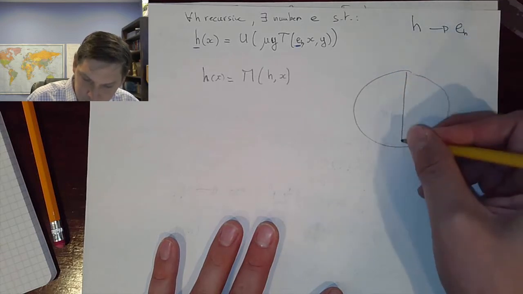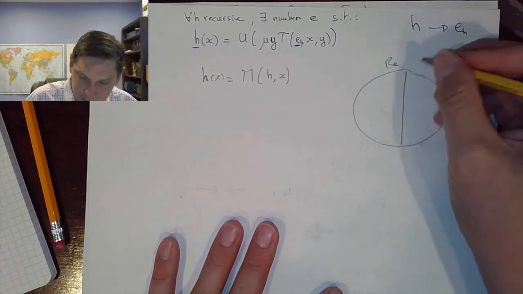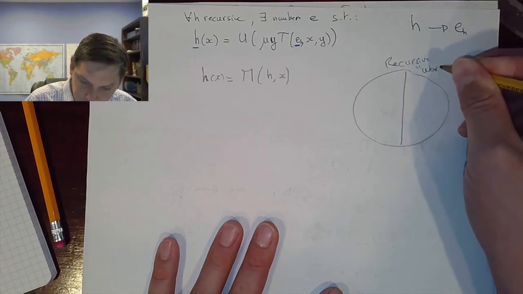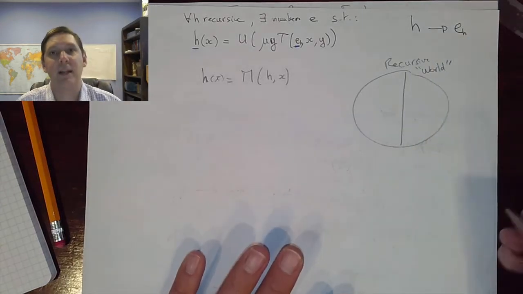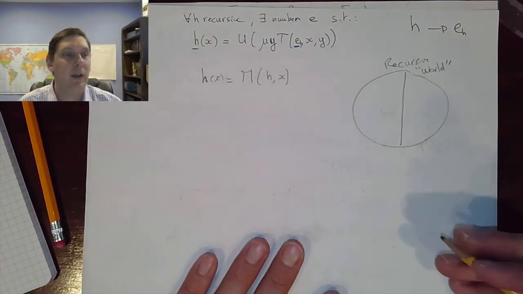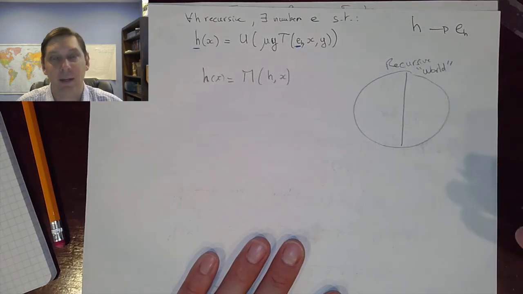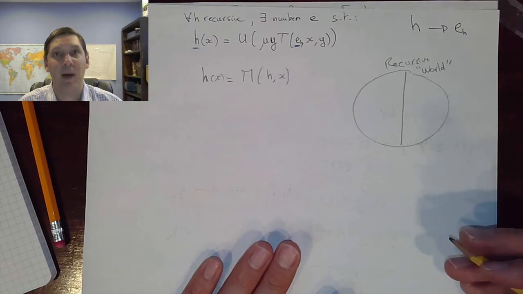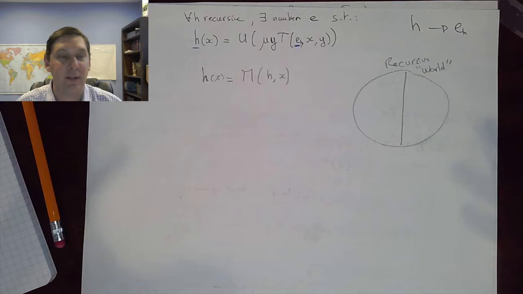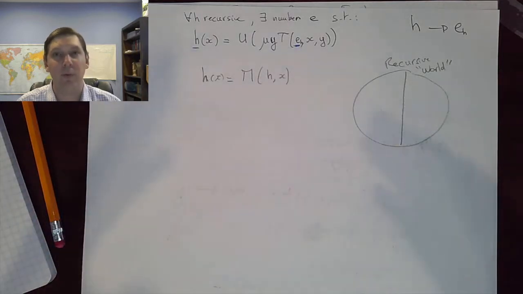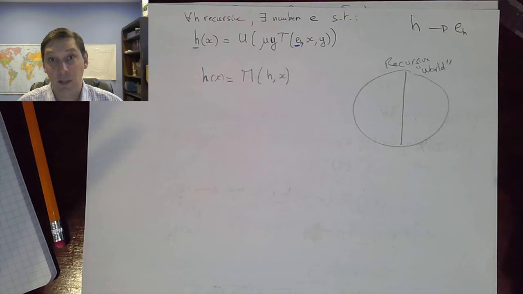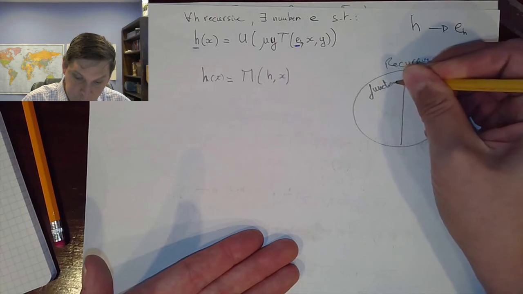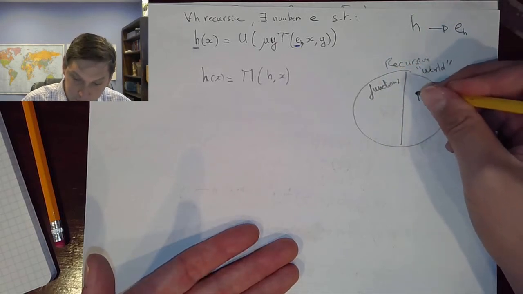If this is the recursive world, and I'm saying world because it's not a set here, I'm talking about all the things that you have in the recursive theory. You have items, you have symbols. These symbols can be in two categories. Either they are functions or they are numbers, natural numbers.